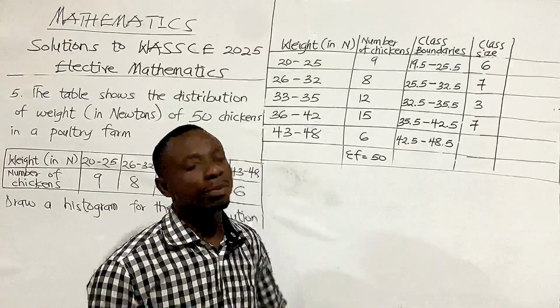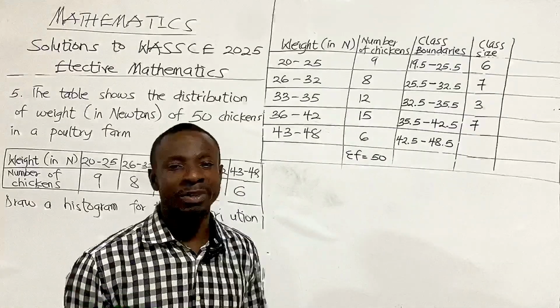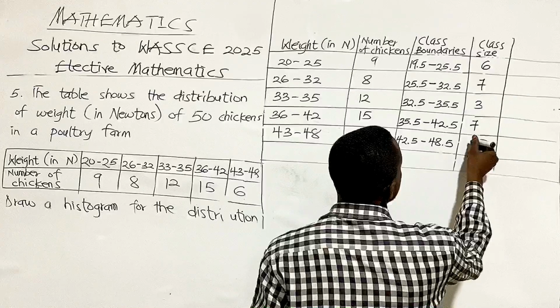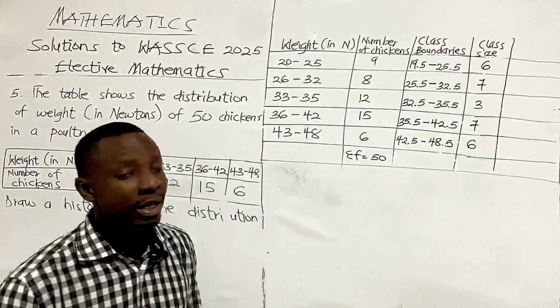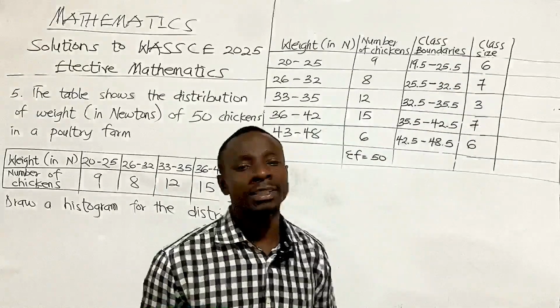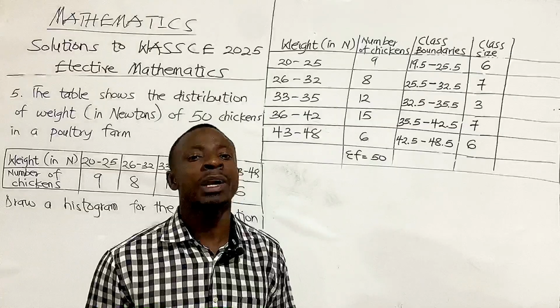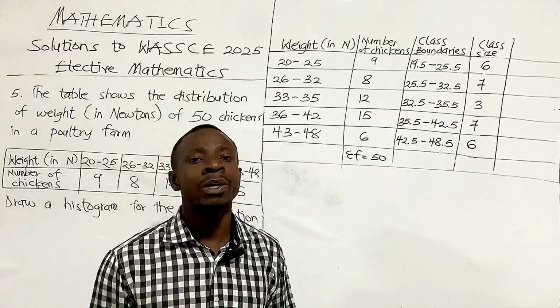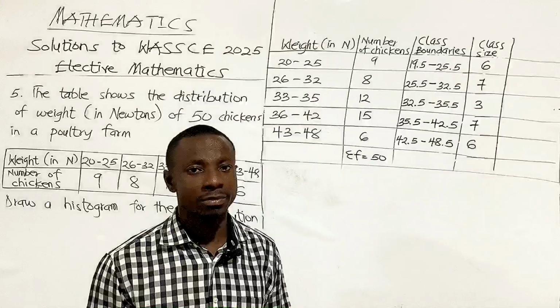Then 48.5 minus 42.5, we are going to get 6. So here it has unequal class size or unequal class width.